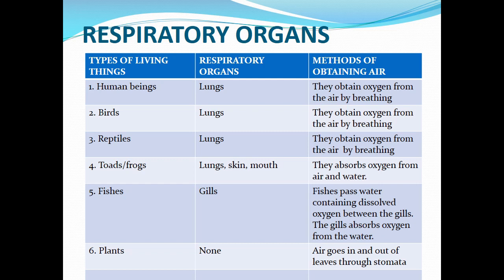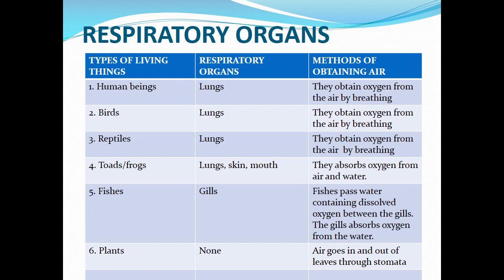Number 2, we have birds. Birds use their lungs too for breathing. They obtain oxygen from the air by breathing. And 3, we have reptiles. Reptiles include organisms like lizards, crocodiles, and snakes. They use their lungs too for respiration, and they obtain oxygen from the air by breathing.